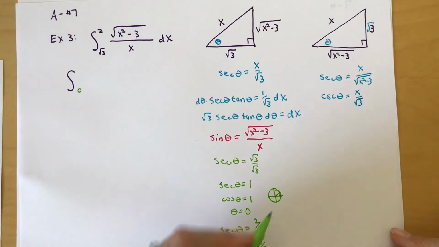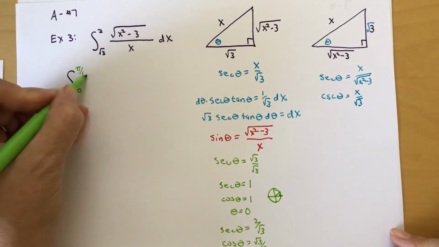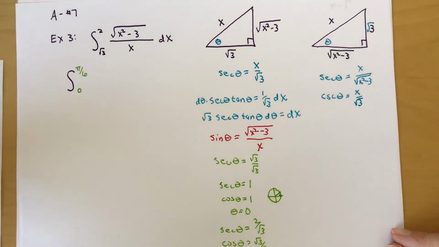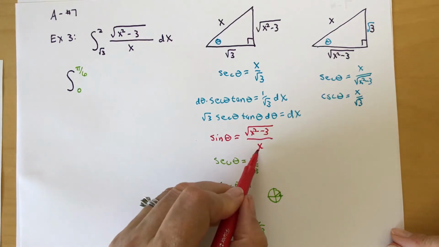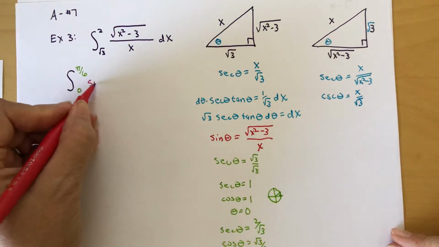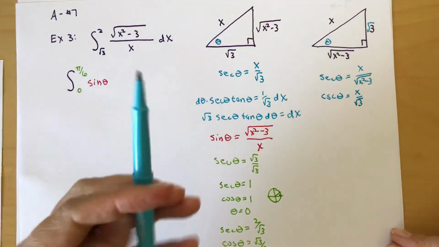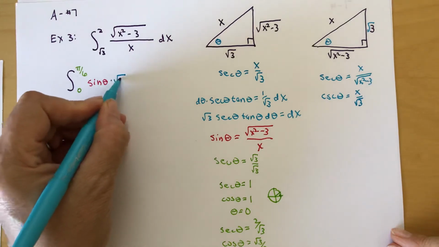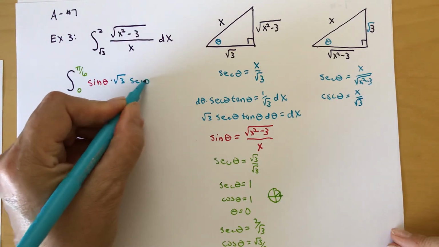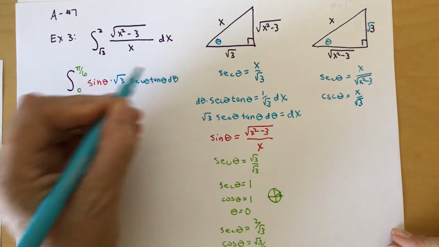Comparatively, if it was the cosine equals 1/2, it would be the tall triangle. So then this is pi over 6. And then the integrand, the square root of x squared minus 3 over x, is equal to sine theta. And the dx is equal to the square root of 3 times secant theta tangent theta d theta.